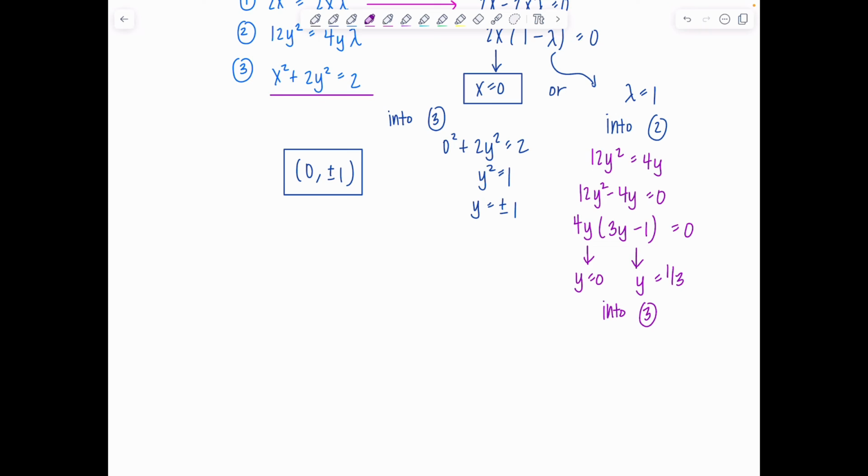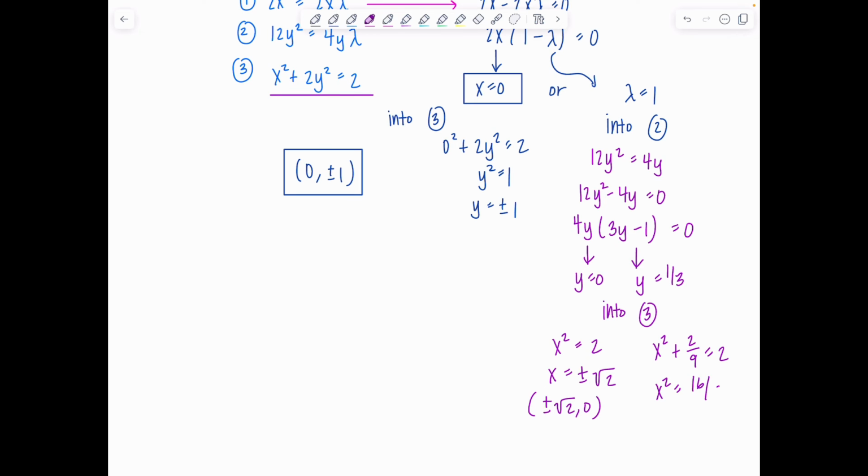So if y is 0, I have x squared equals 2, so x is plus or minus rad 2. So that comes from y equaling 0. If y is 1/3, then I have x squared plus 2/9 is 2. 2 minus 2/9, that's 18/9 minus 2/9.